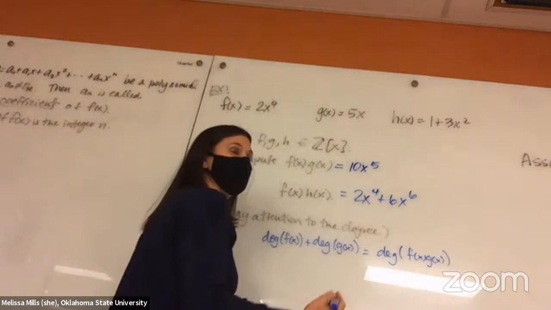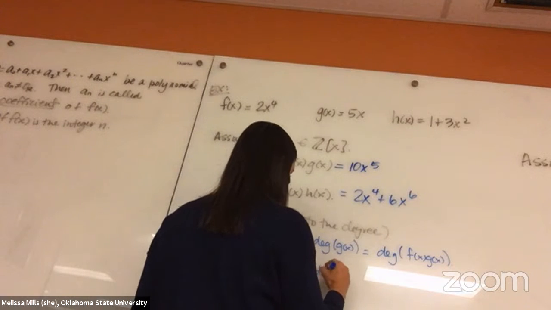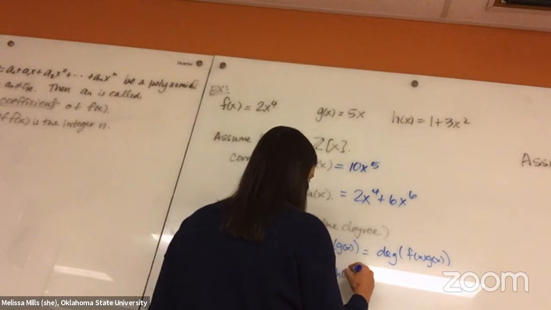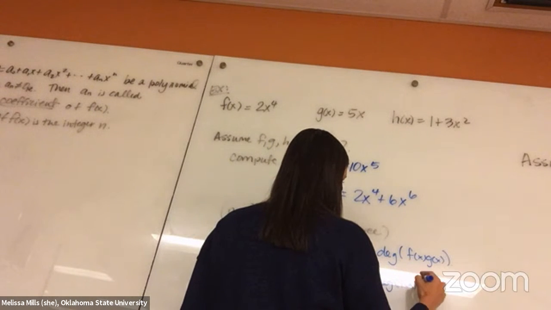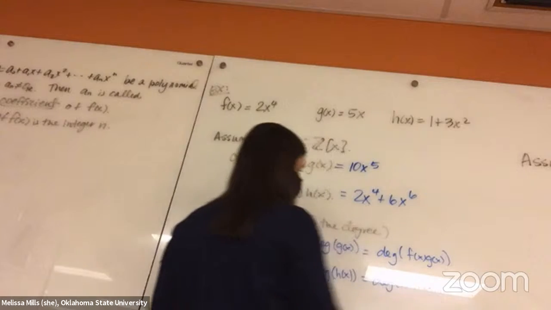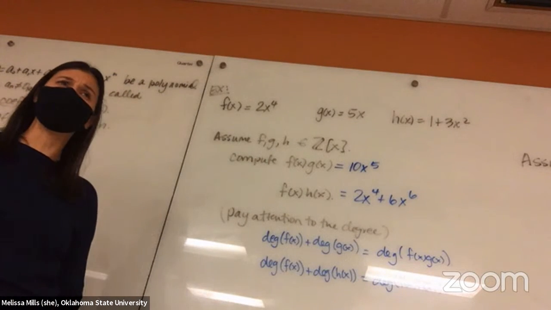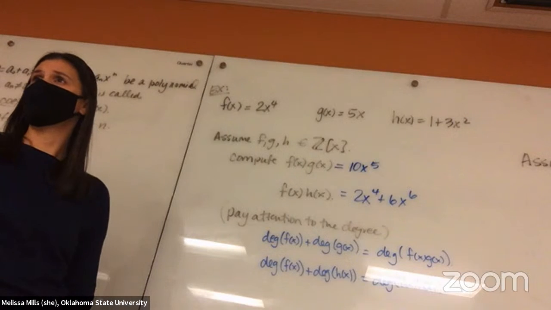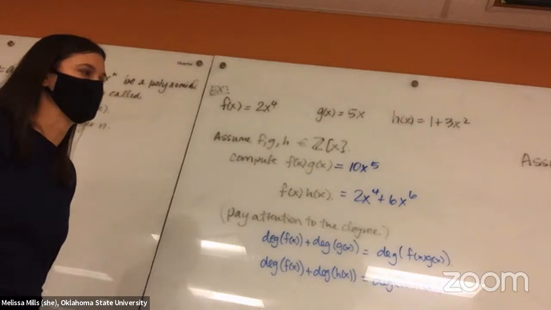And in the second one, we were seeing that the degree of f of x plus the degree of h of x is equal to the degree of f of x times h of x. And is that consistent with your experience in algebra classes in the past? You've seen this sort of thing. Okay. What happened when our coefficients were mod 6?